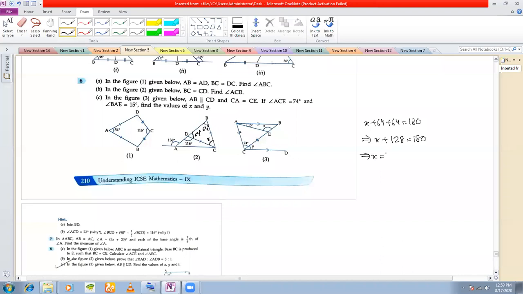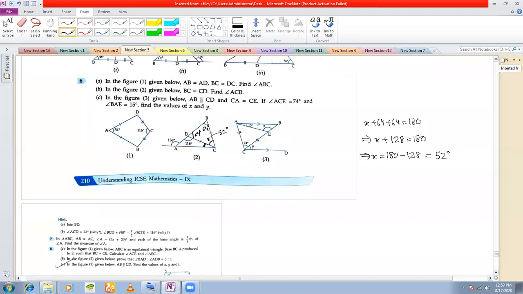That means x is equal to 180 minus 128. So this is 52. So we have got this angle to be 52 degree. Now we need this angle. If we can find this angle, then we can find out the entire angle.